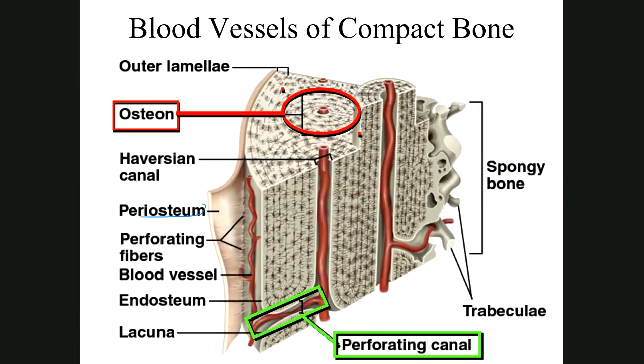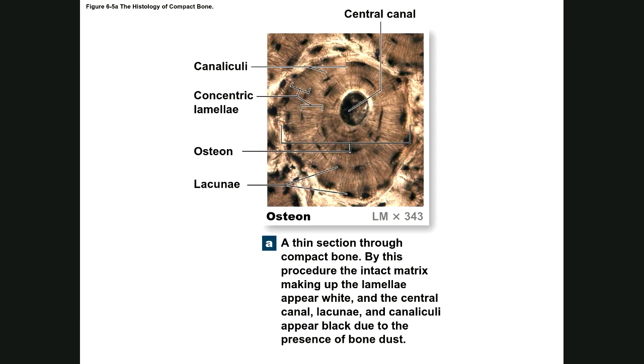You probably don't see that, but in humans there's a periosteum. Peri means around, osteum means bone, on the outer edge. Perforating canal is also known as Volkmann's canal. I think a lot of you have seen that already in pictures in Connect. This is an electron micrograph of, again, an osteon.